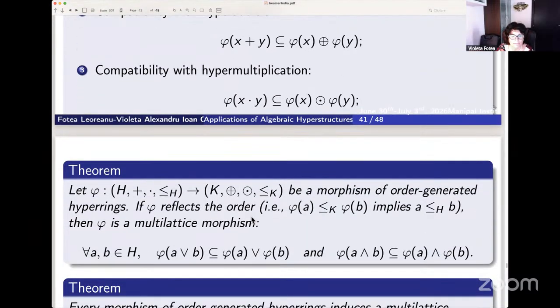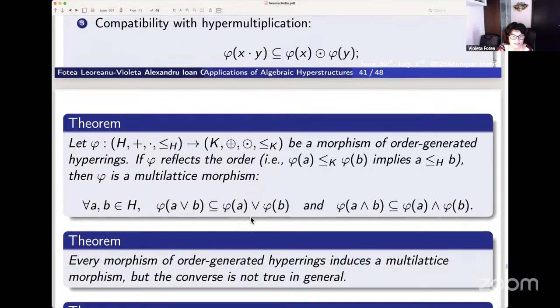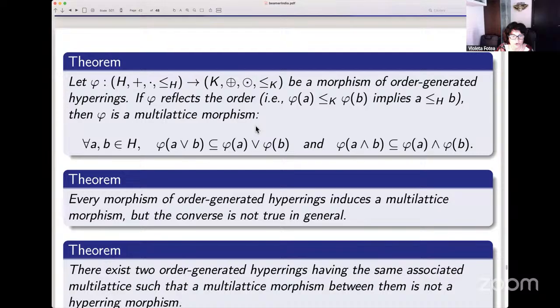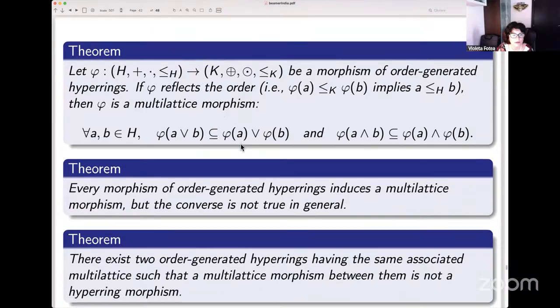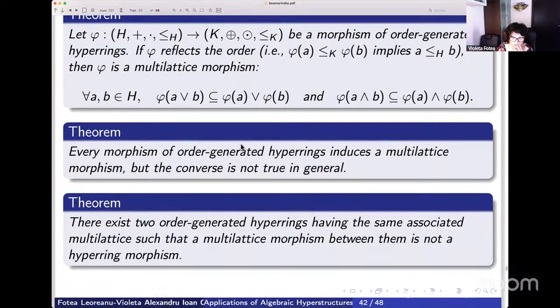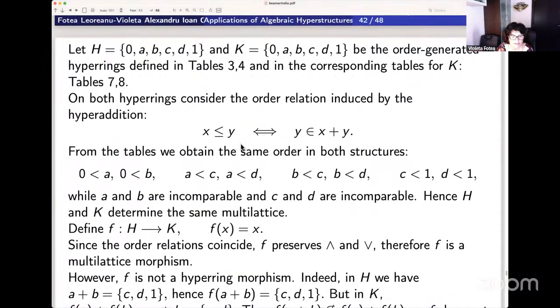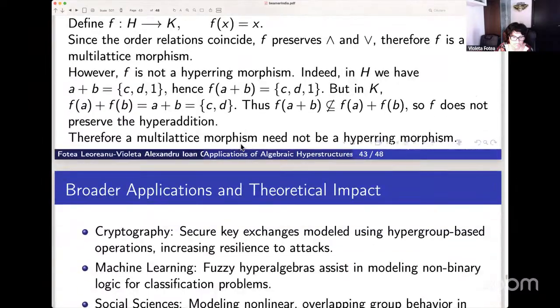We have here results about a connection between morphisms of order-generated hyperrings and multilattice morphisms. Okay. And I gave some examples.